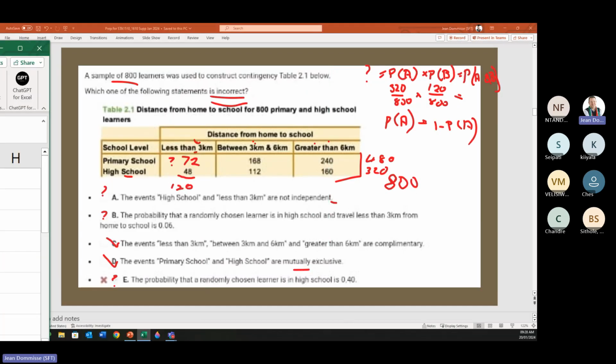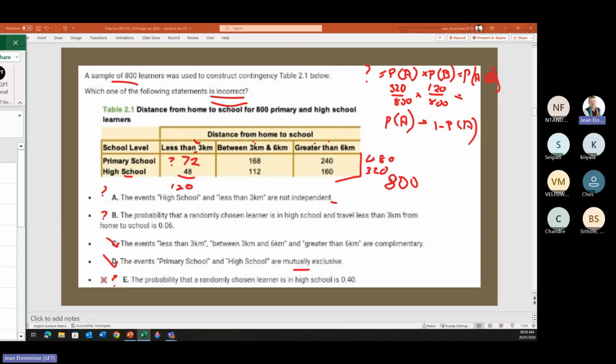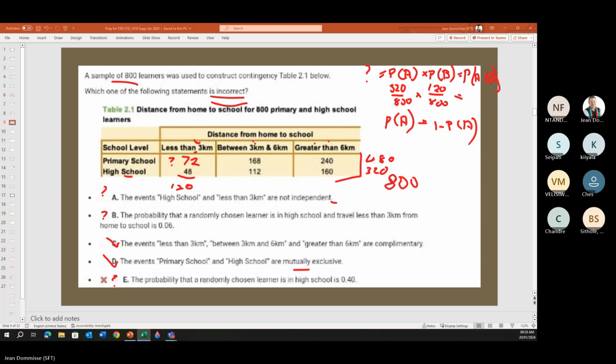Again, I would normally use my calculator, I don't have my calculator with me. So 320 divided by 800 gives me 0.4. 120 divided by 800 gives me 0.15. And then if I multiply those two together, I will get 0.06.